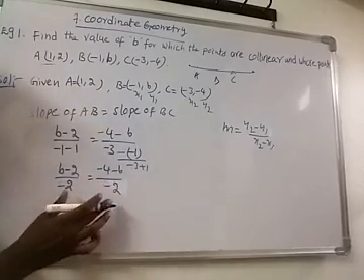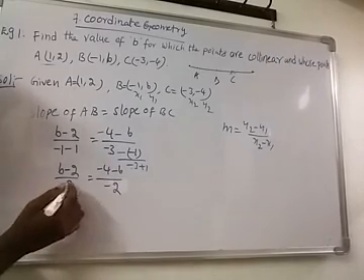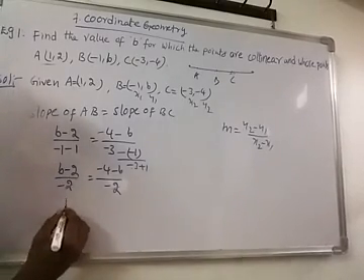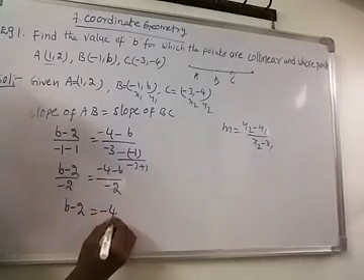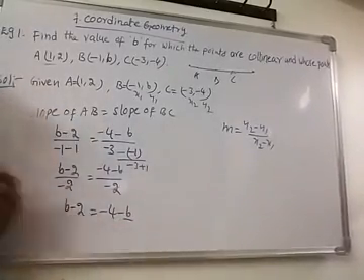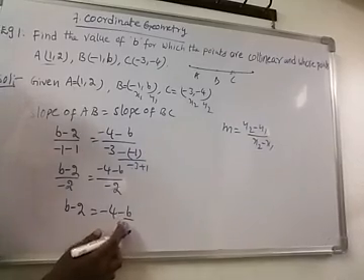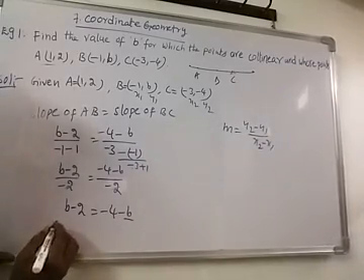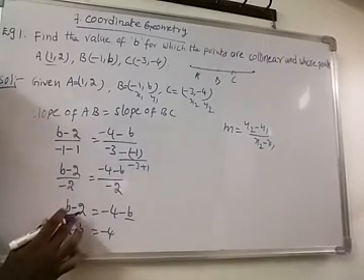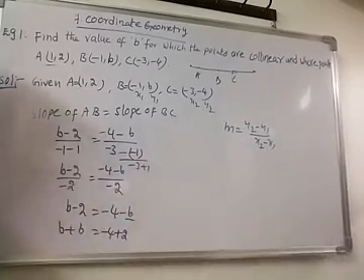Now on both sides the denominator is the same, that is -2, so we cancel. The remaining is b - 2 = -4 - b. Here -b is a negative quantity, so we transpose it to the LHS and get a positive quantity, b + b. The -2 is a negative quantity; we send it to the other side and get a positive quantity.